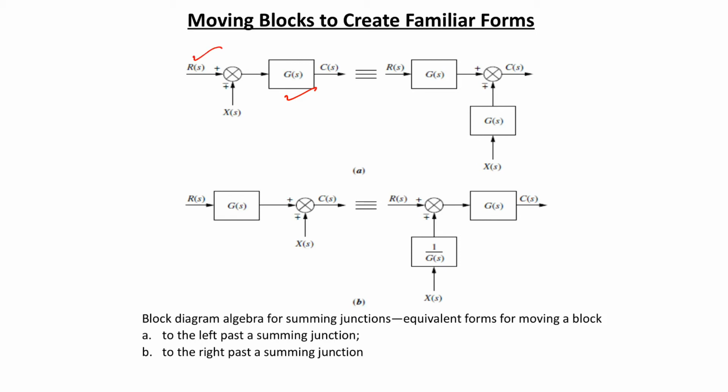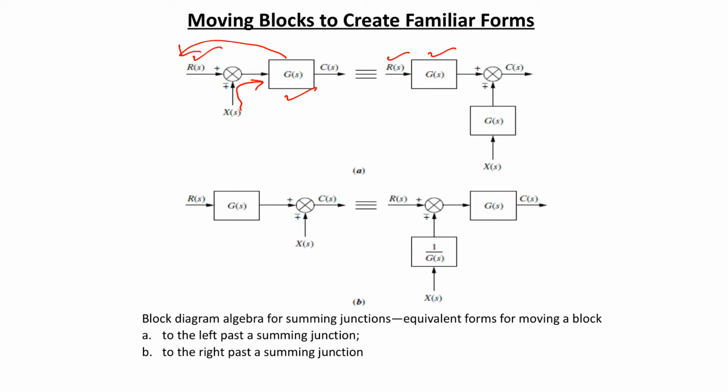Then we see that this signal X(s) also has G(s) in its loop, meaning it is also multiplied by G(s). So when we move G(s) to this point after R(s), X(s) must be multiplied by G(s) so that the signal doesn't break and remains the same.